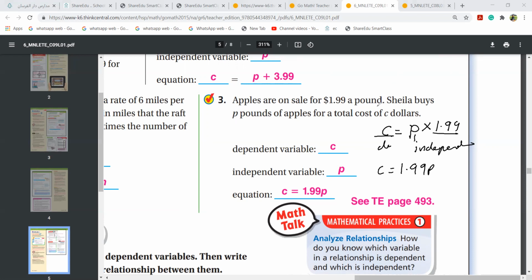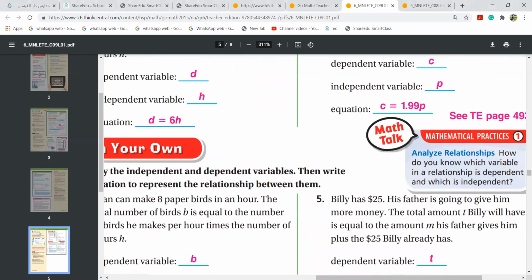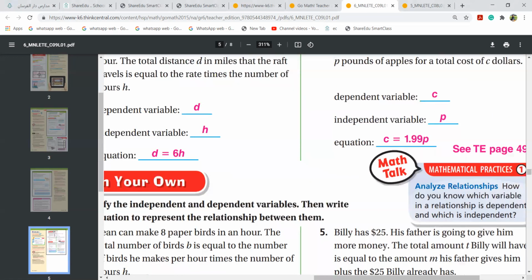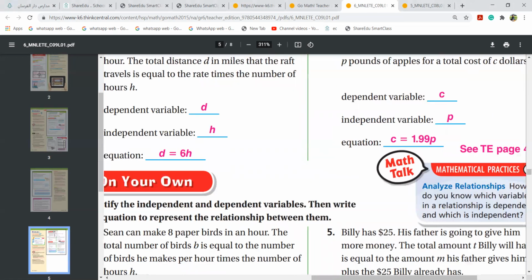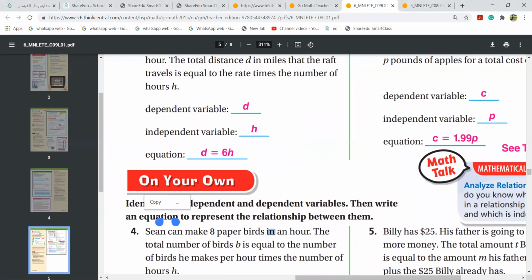Done? Yeah, Miss. Yes. Come on, on your own. Girls, do question number 4. Miss, I'm going to the bathroom, okay? Okay, Ghalia.